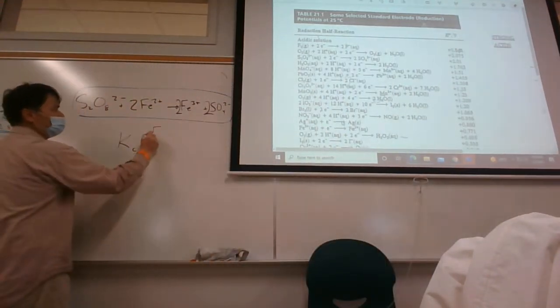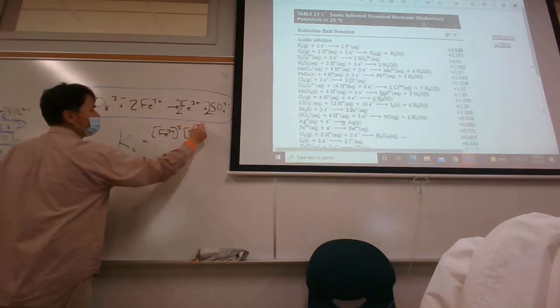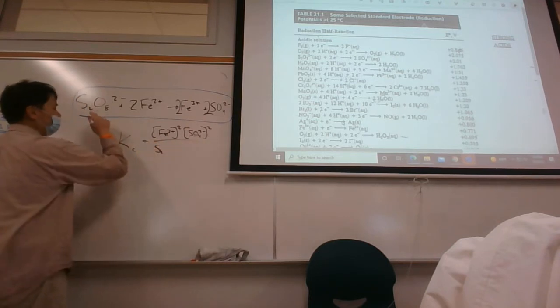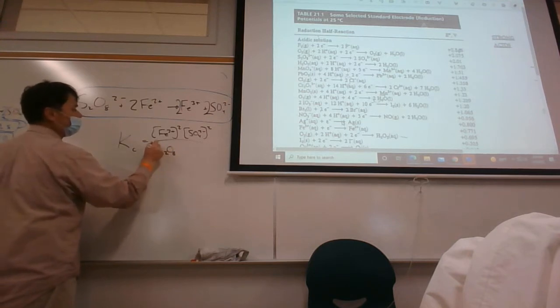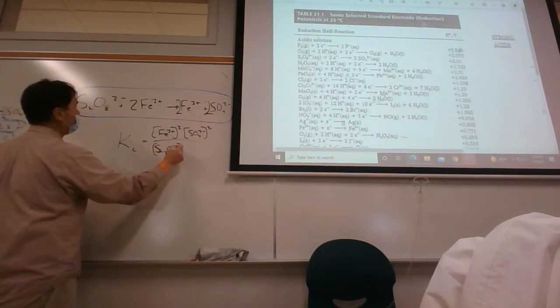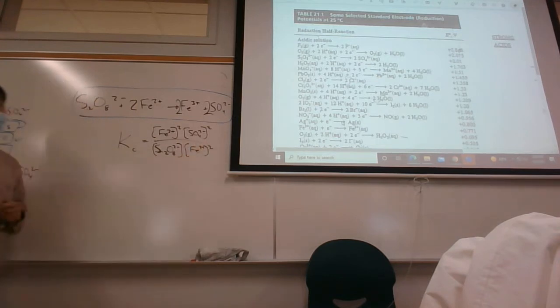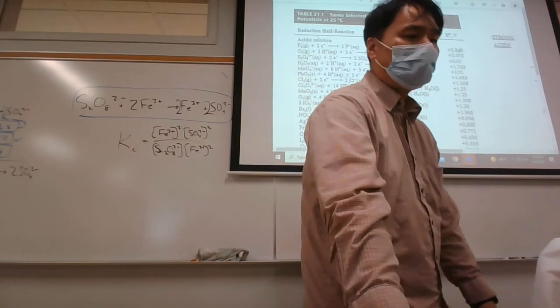So Kc is going to be the equilibrium concentration of the Fe3+ squared times the sulfate squared divided by the peroxodisulfate, S2O8, times the Fe2+ squared. That would be it there. Okay, any other questions?